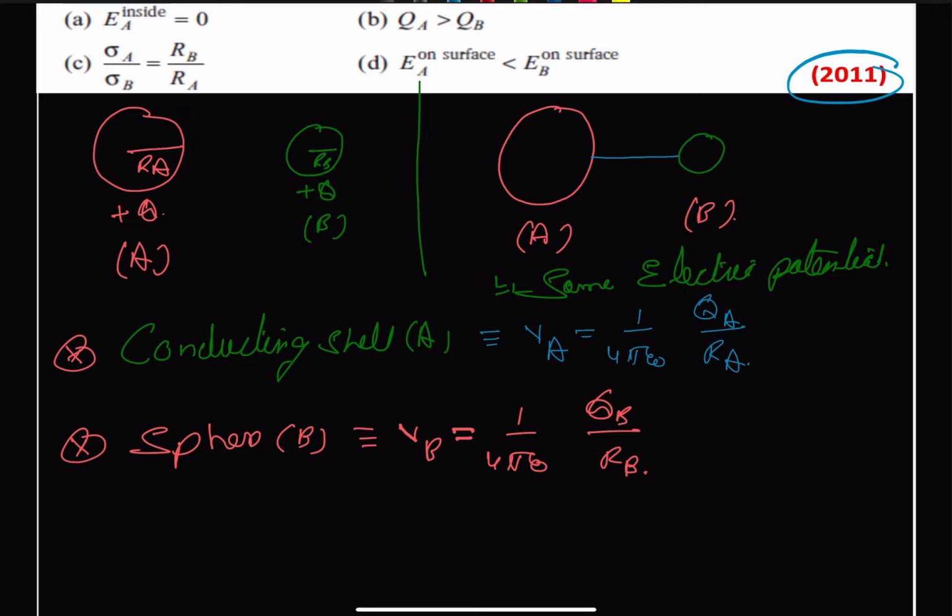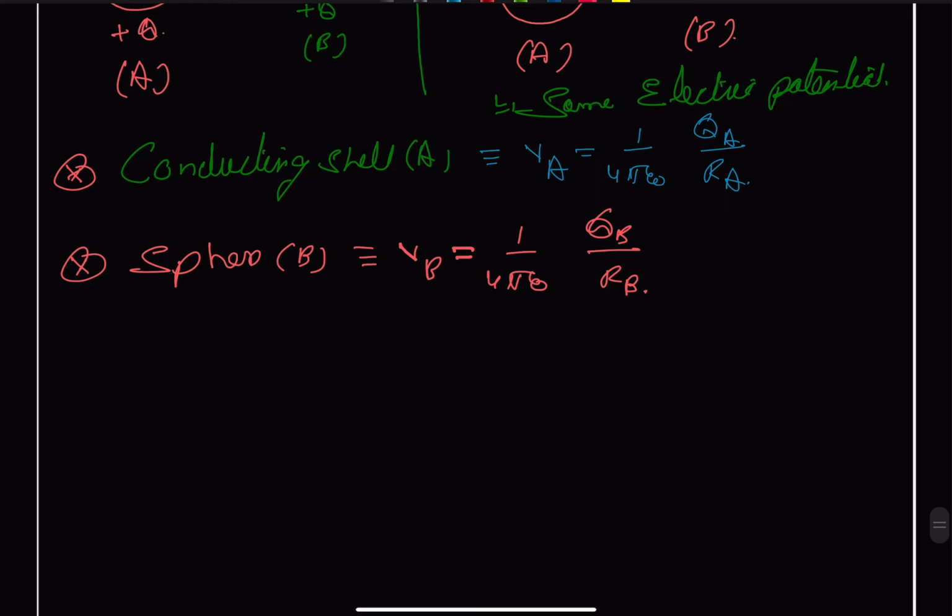RB. And when they are connected with each other, after connection, VA should be equal to VB.